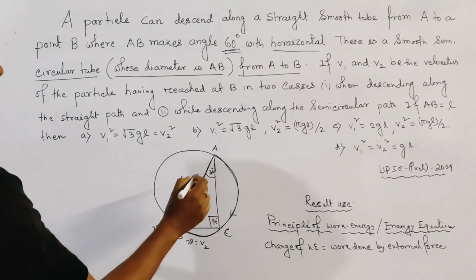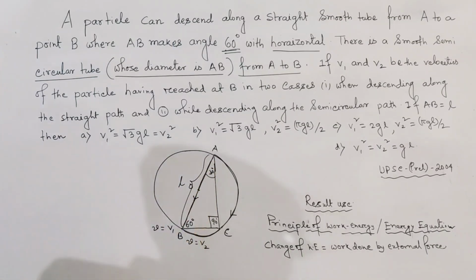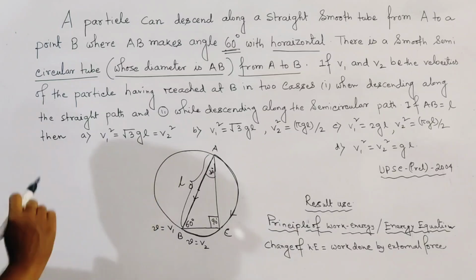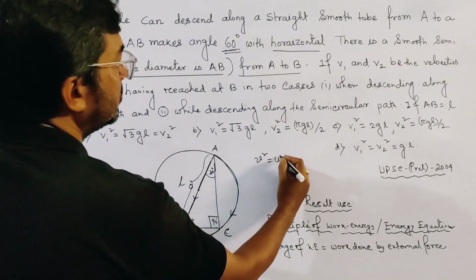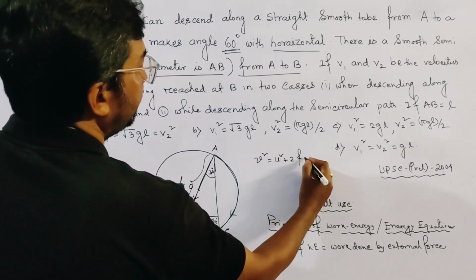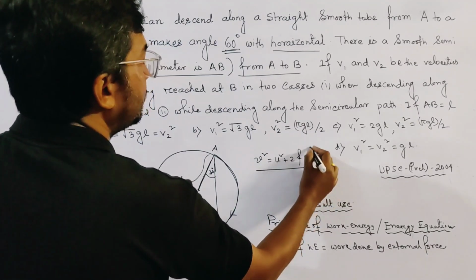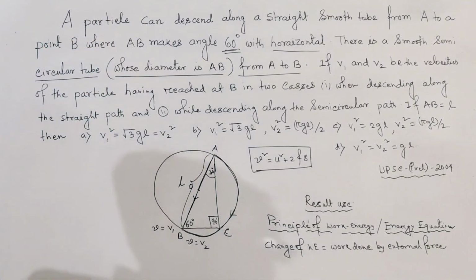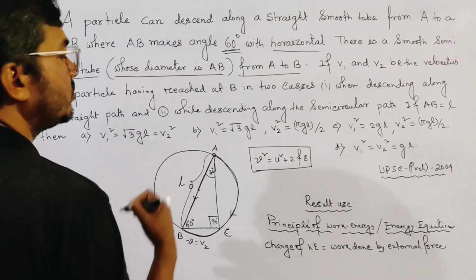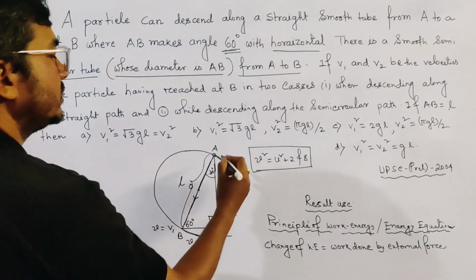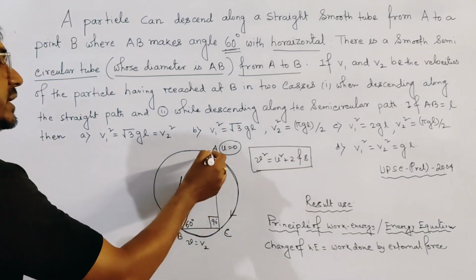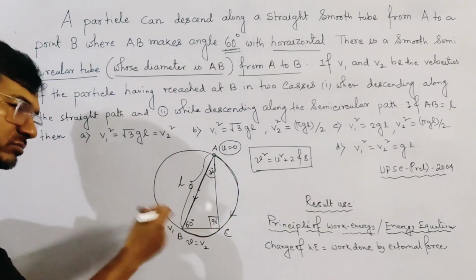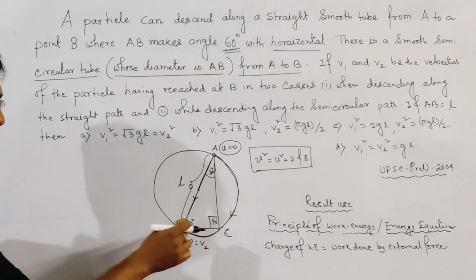We first consider the line AB, or the motion along the straight line. Then we use the formula V square equals U square plus 2FS. This is the formula of motion in a straight line under constant acceleration. Since the particle starts from the point A, the initial point, U is equal to 0 in both cases, when the particle descends along AB and along the semicircular path ACB.